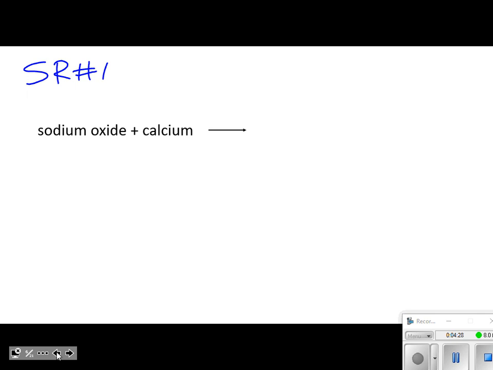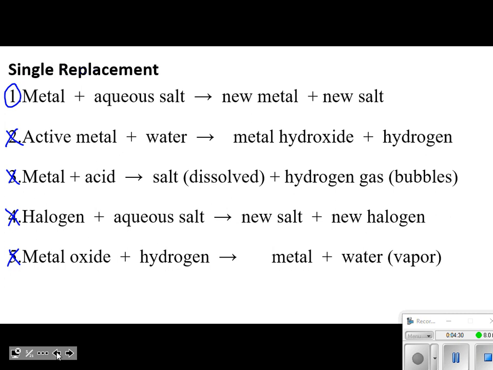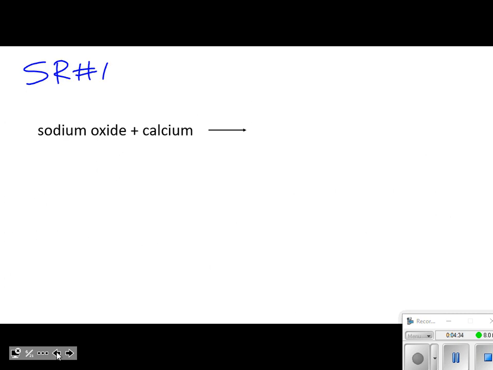So on an SR number 1, what I'm going to do first is write out sodium oxide, Na2O, plus calcium. Because I'm going to see if the calcium will actually replace the sodium.